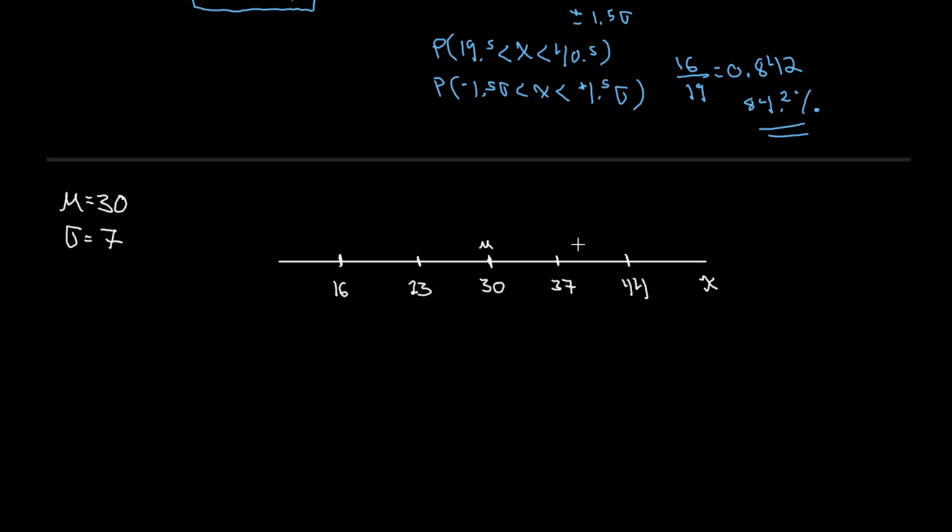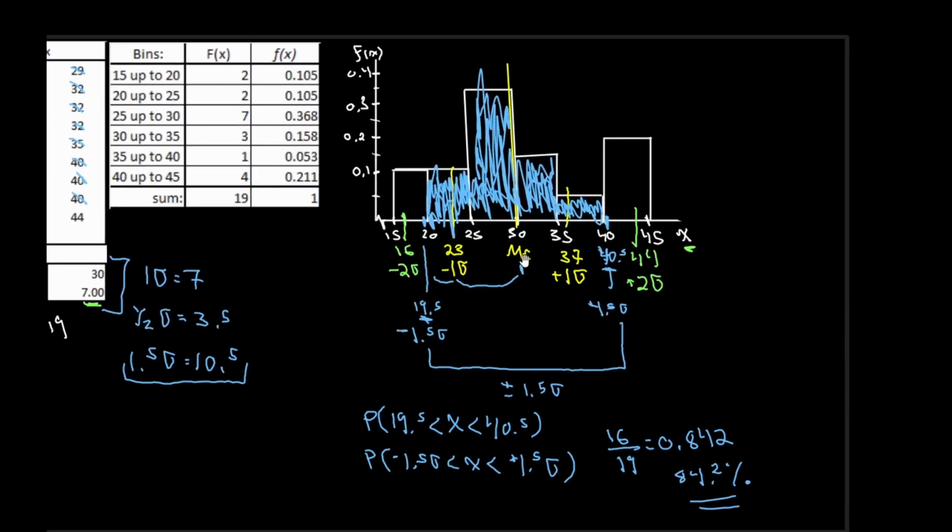Well, that was the mean. That was plus 1 standard deviation, plus 2 standard deviations, minus 1 standard deviation, and minus 2 standard deviations. That's just what we had up here. Let's go take a look again. Right there, mean, minus 1, minus 2, 23, 16, plus 1, plus 2, 37, 44.